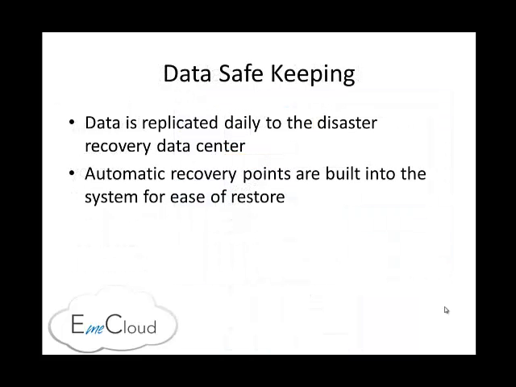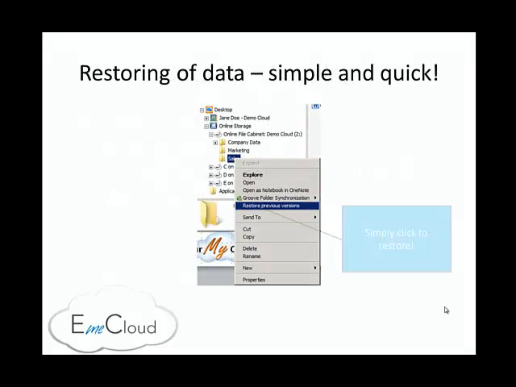We also keep your data safe by continually replicating the data from our primary data center to our disaster recovery data center. We also have built-in recovery points that'll allow you the ability to control the recovery of your data. We make life simple so you can concentrate on your business. If you need to restore data, go to the online file cabinet, right-click on the area you need to restore data from.